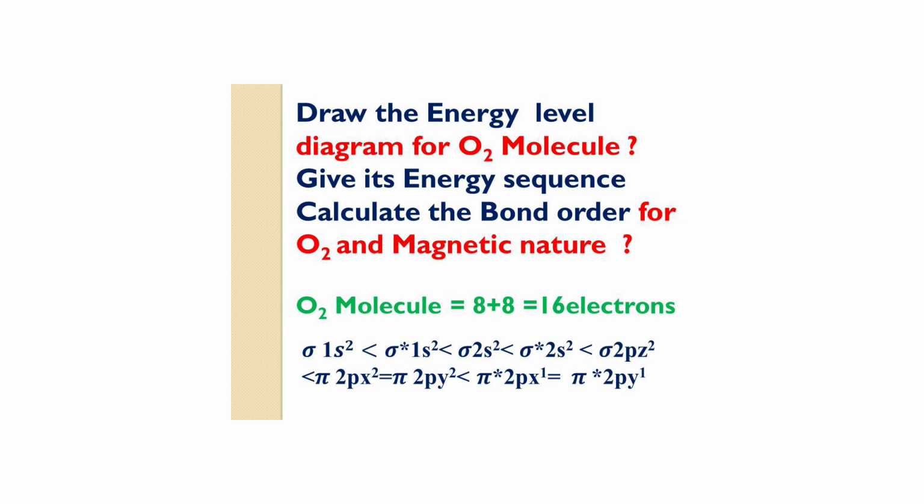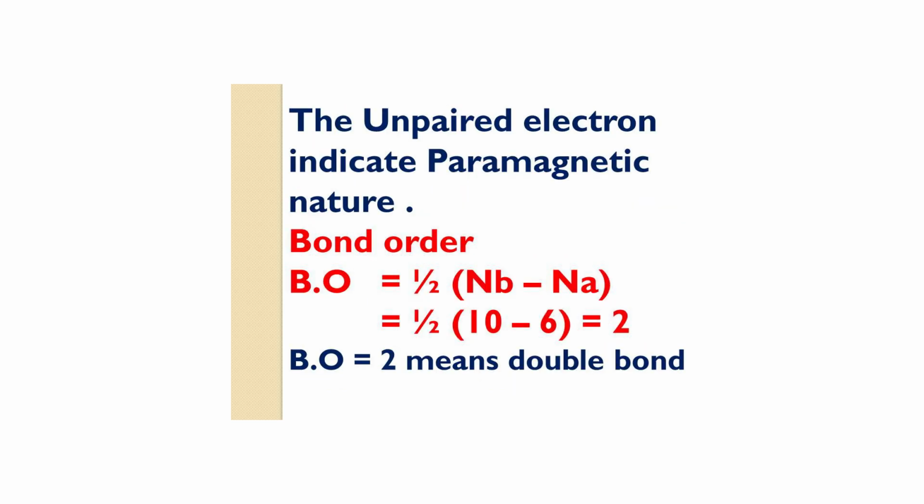Can we calculate the bond order? Give the equation of bond order. Bond order is equal to half into Nb minus Na. What is Nb? Number of bonding electrons, in the BMO, the bonding molecular orbital. What is Na? Number of antibonding electrons, in the AMO, the antibonding molecular orbital.